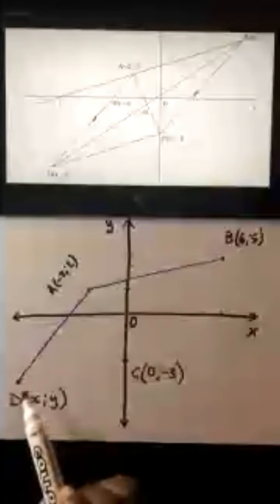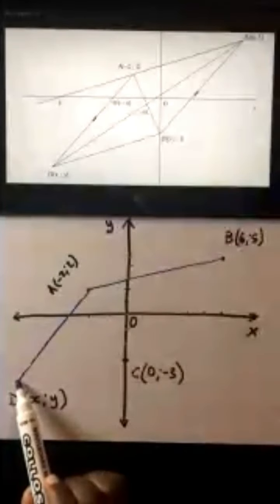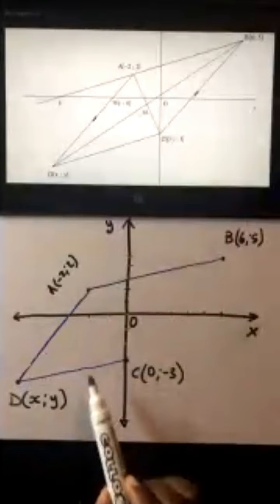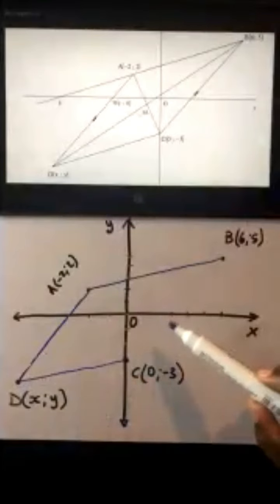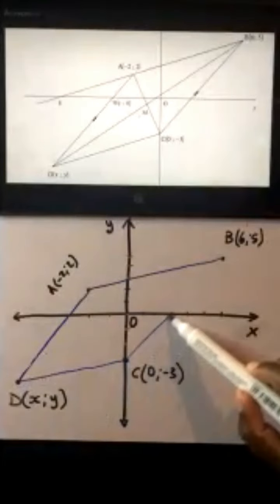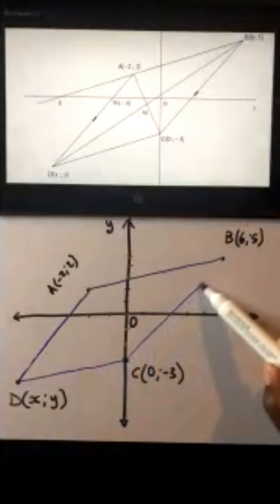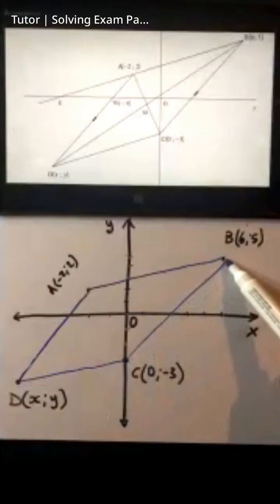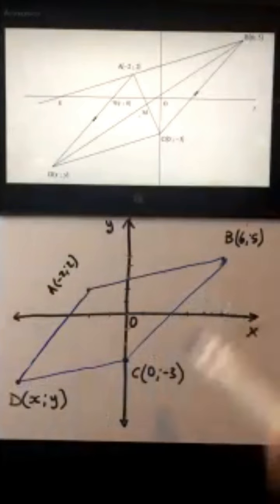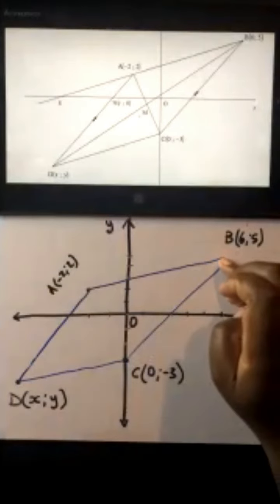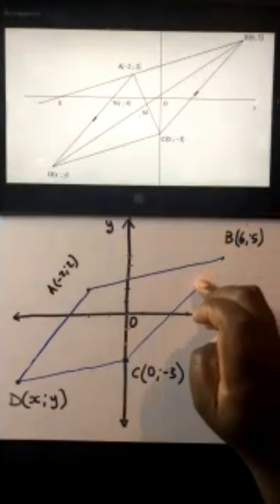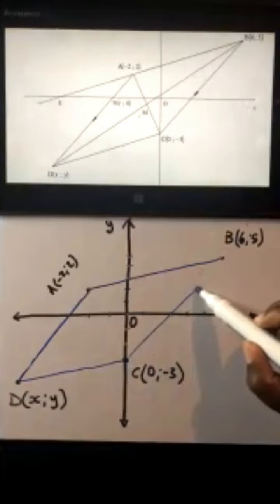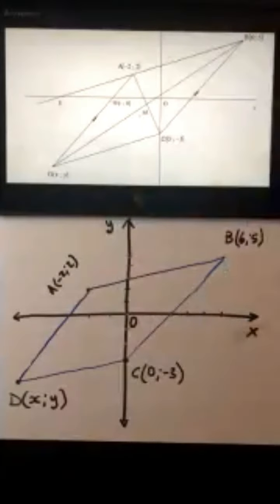Can you see, ladies and gentlemen? So this is how you draw or redraw the given diagram. You connect straight. So ladies and gentlemen, we just have to force it to connect up to there. Okay.